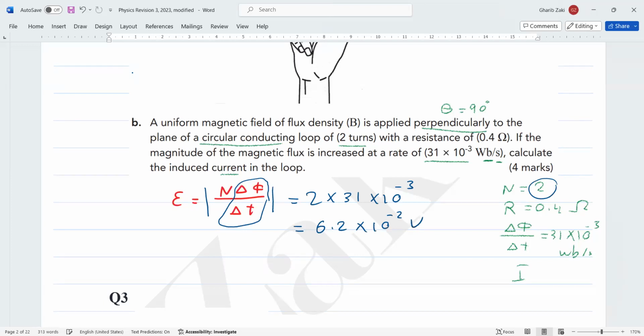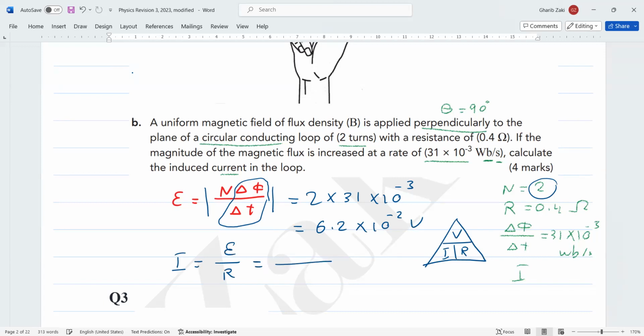This is the EMF. We have the resistance, so we can use Ohm's law to get the current. Remember, V equals I R. So I equals V over R, where V now is the EMF.